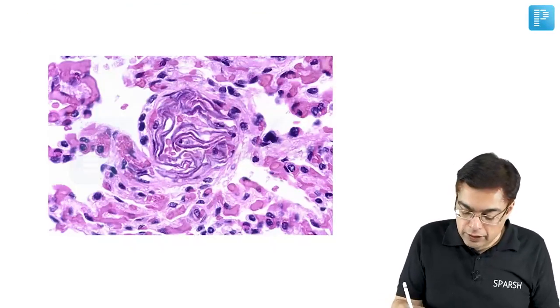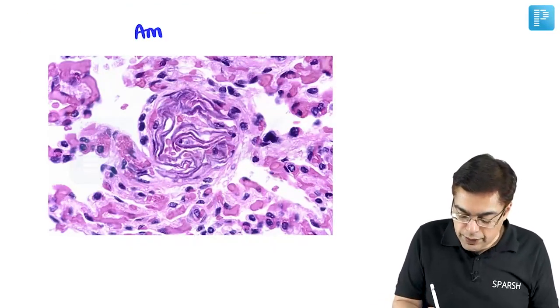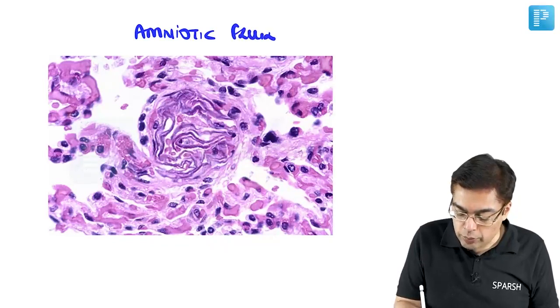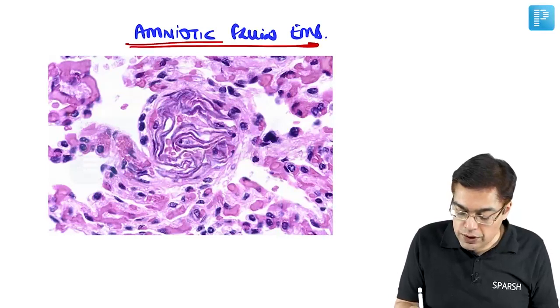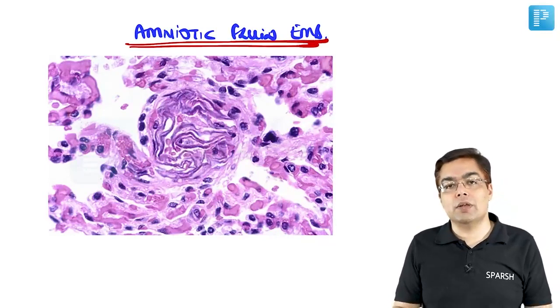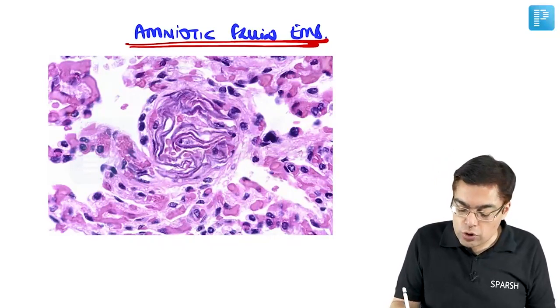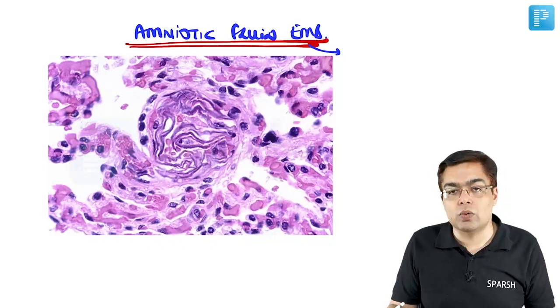The next important example of an image, which is very high yield from the exam perspective, is going to be amniotic fluid embolism. An amniotic fluid embolism question in the exam will typically talk about a situation in which, because of the rupture of the membrane, there was a leakage of the amniotic fluid into the systemic circulation.